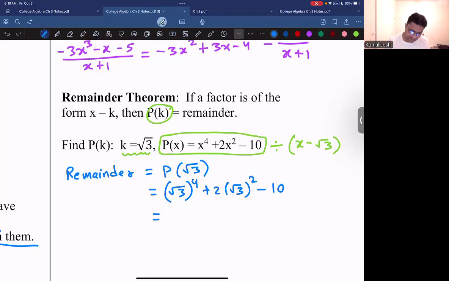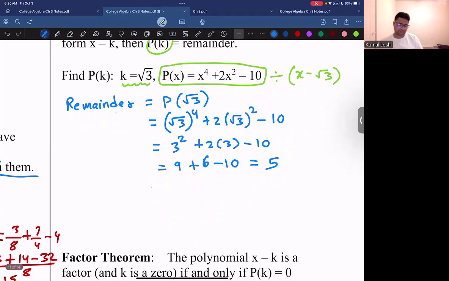Now root 3 squared is 3. So that is going to be 3 squared, squared plus 2 times 3 minus 10. So 9 plus 6 minus 10, which is 15 minus 10, 5. Okay.